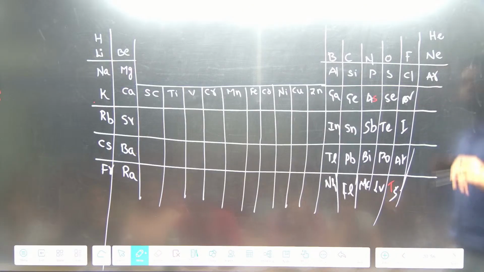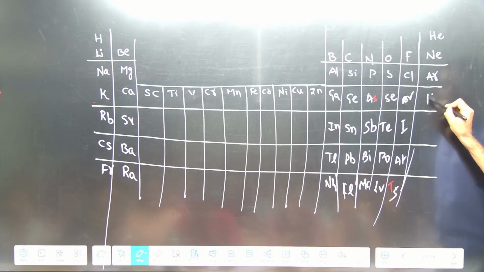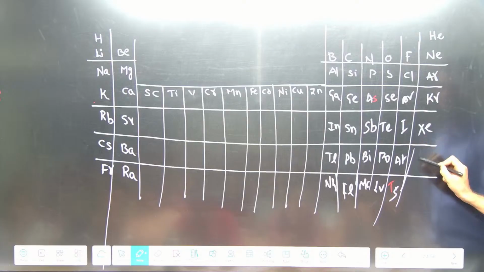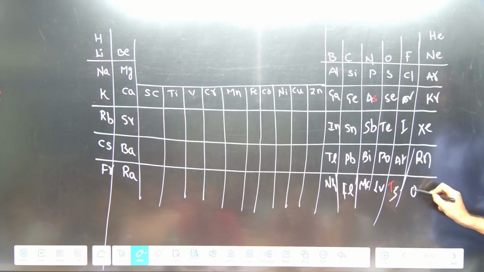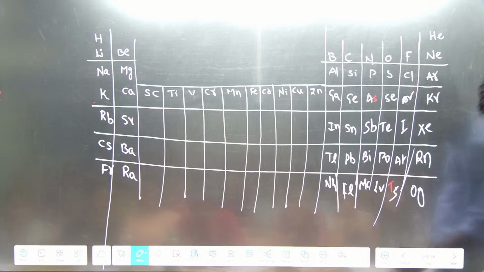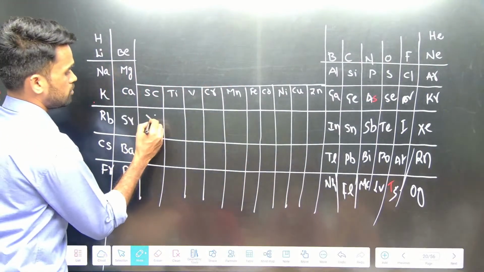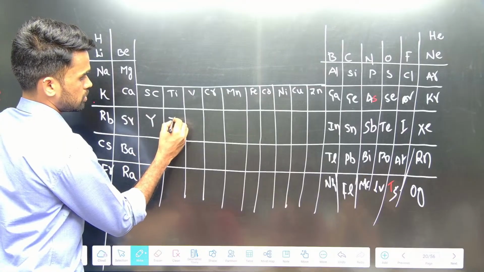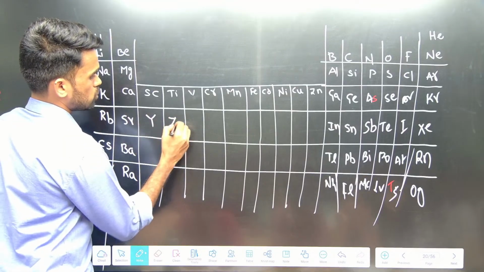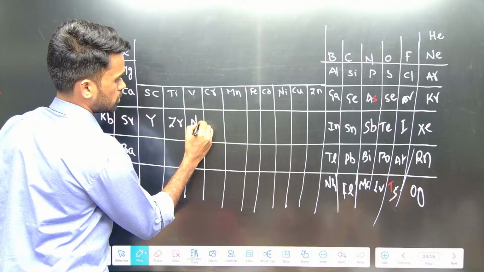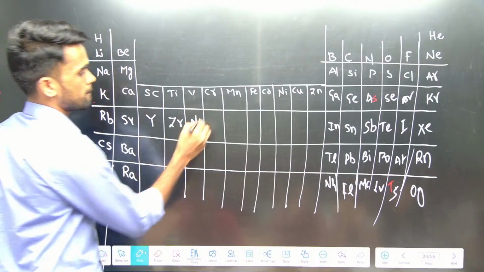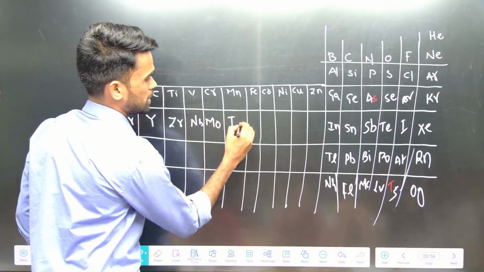Next, this one: krypton, xenon, oganesson. Next, this one: yttrium, zirconium, niobium, molybdenum, technetium.